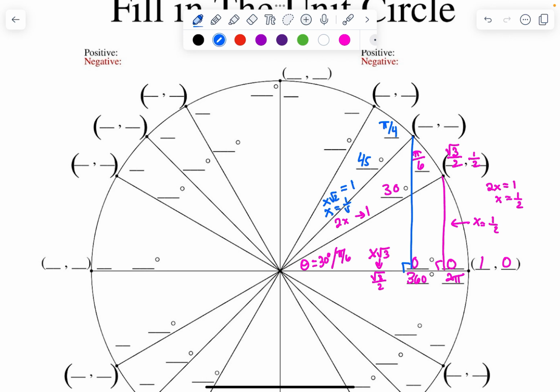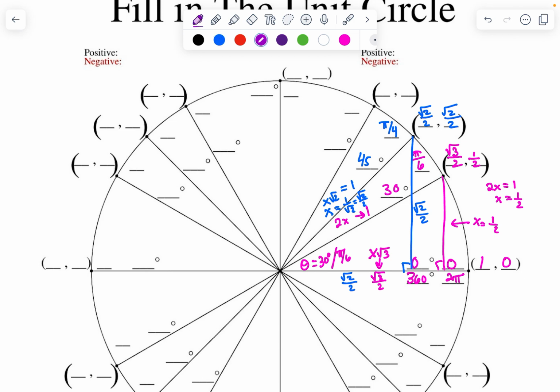So x must be 1 divided by the square root of 2, which when rationalized is square root of 2 over 2. So each of these sides would be square root of 2 over 2. So both x and y are square root of 2 over 2, because both the cosine and the sine of 45 degrees is square root of 2 over 2.